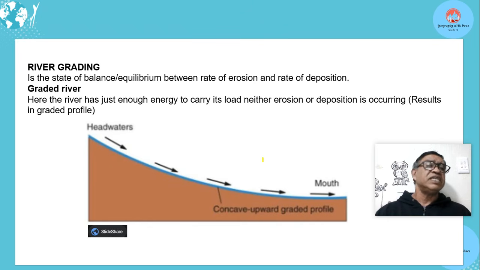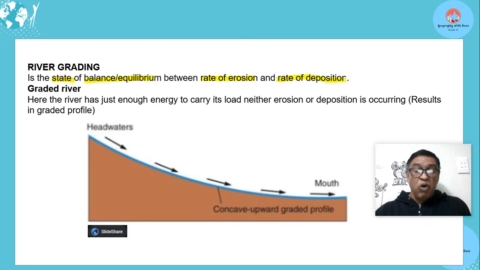So, what is river grading? It actually is a state of balance or equilibrium between the rate of erosion and the rate of deposition. That's what river grading is. There must be an equilibrium.